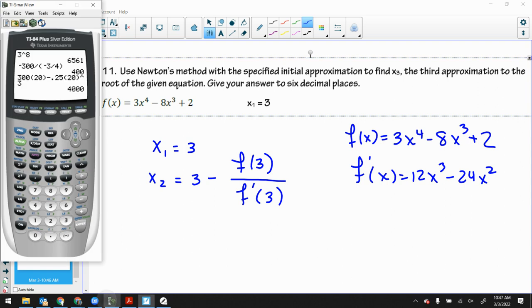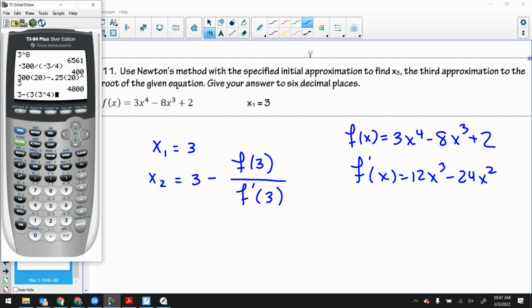Okay, so now I go into my calculator and I run that. 3 minus, in parentheses, I've got to do f of 3. 3 times 3 to the 4th.